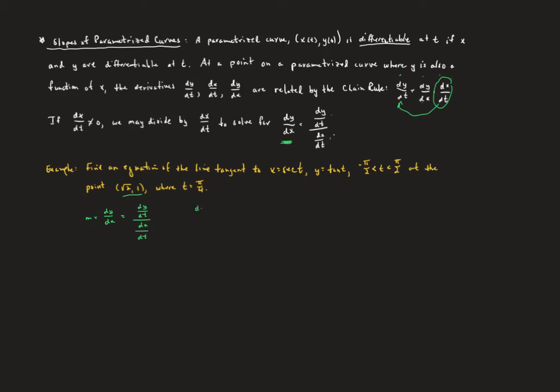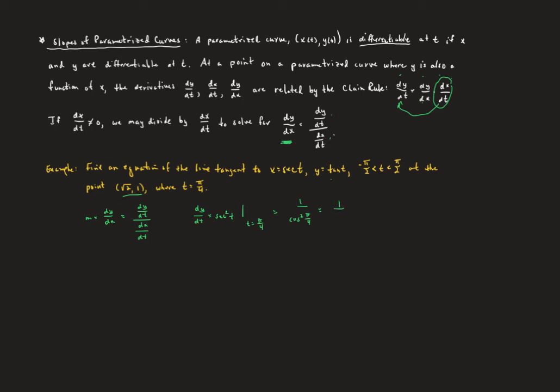So off to the side here, we'll figure out what dy/dt is. And dy/dt is going to be the derivative of tangent, which is secant squared t. And we're going to want to evaluate that at t equals pi over 4. So that means we're going to get 1 over cosine of pi over 4 squared.